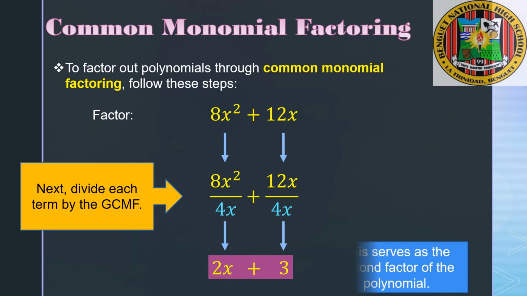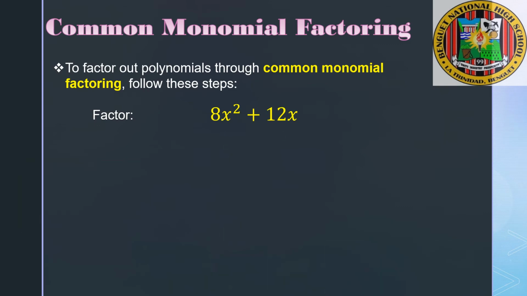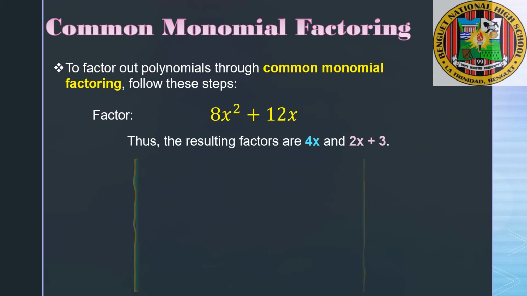This will serve as the second factor of the binomial. From the steps we have followed in the process, we now have the factors 4x and 2x plus 3 for our binomial 8x squared plus 12x.